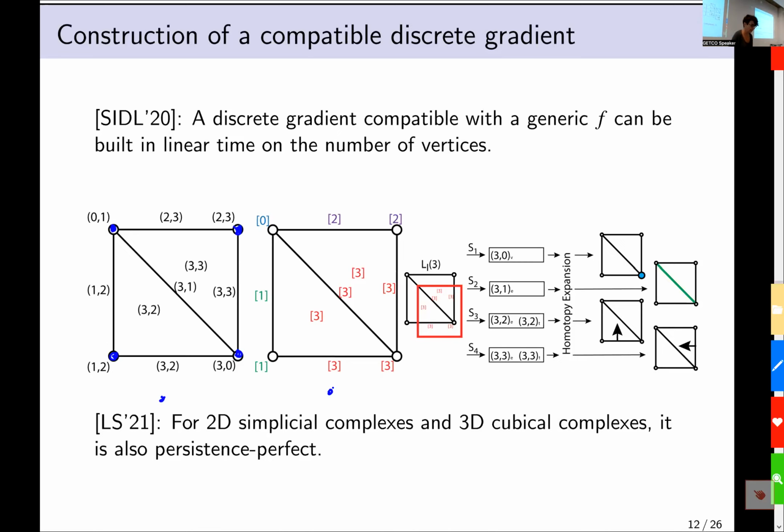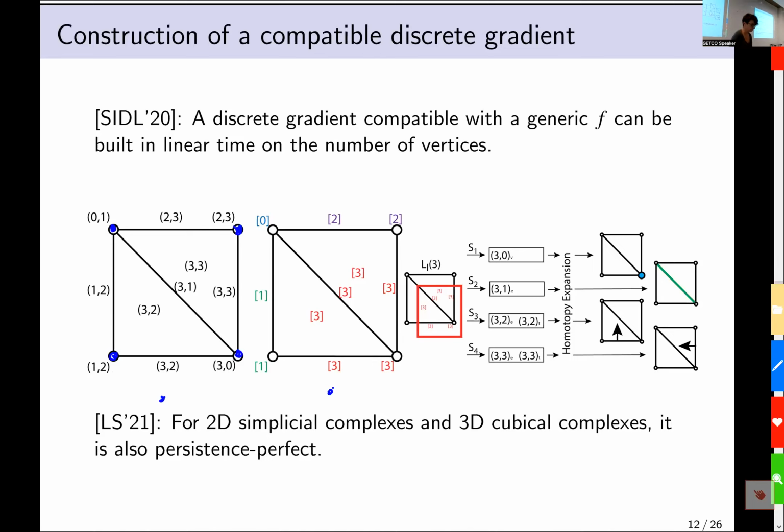And so we can consider lower stars of vertices, where the simplices in the star of a vertex all have the same value. This can be further partitioned based on the value given by pairs of values, and we can perform a homotopy expansion on each of these subsets.